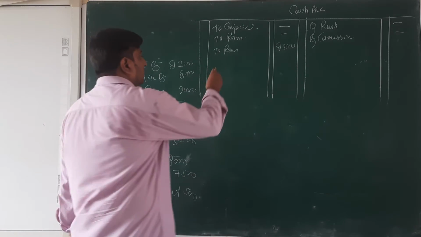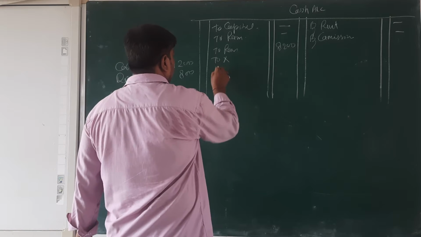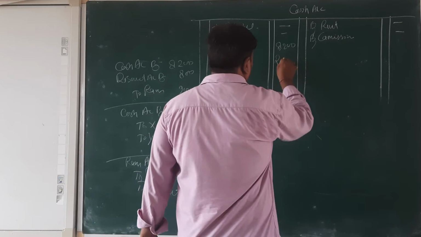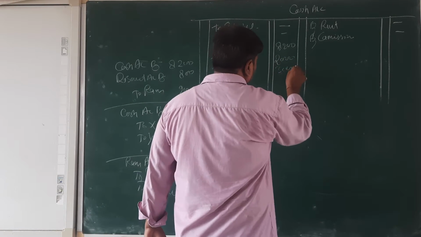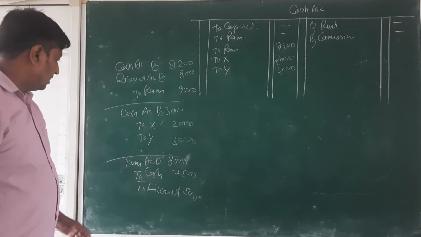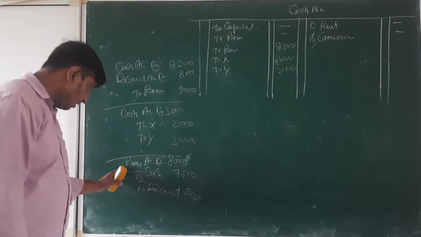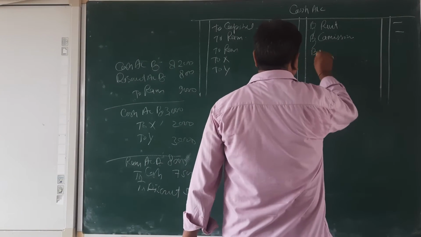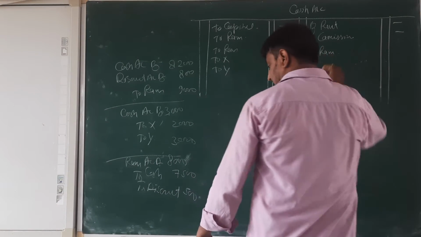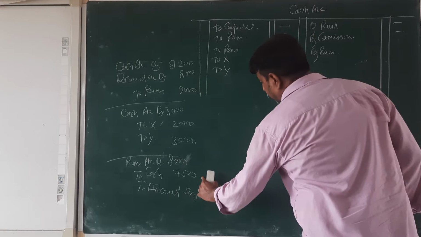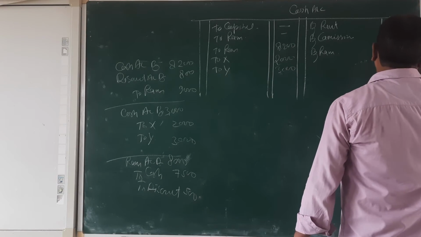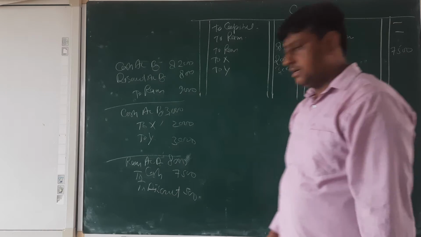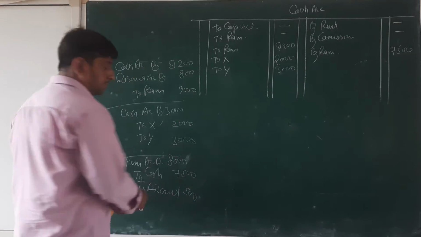Both are debited, 2X and 2Y, 2,000 and 3,000. On this way. Next, cash credited, so Ram will be credited, and take the amount in front of cash, 7,500. Okay, beta? Clear? How we are going to post?